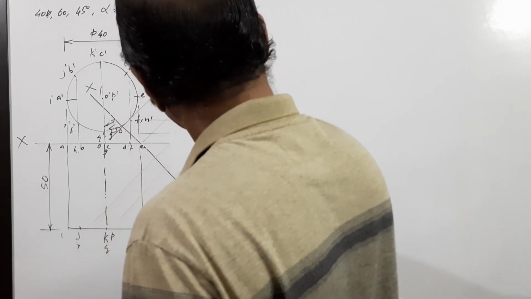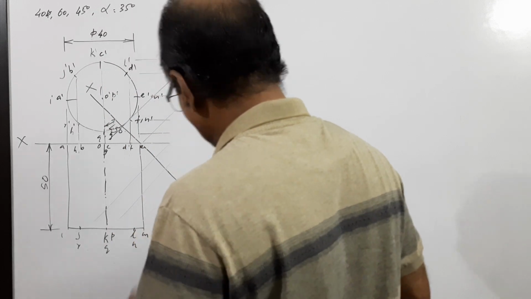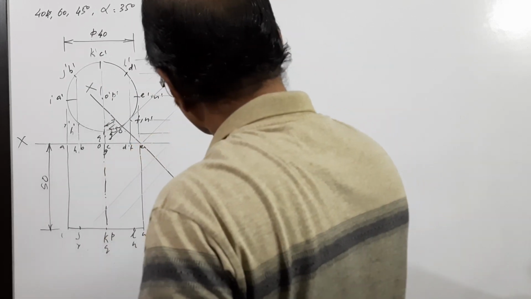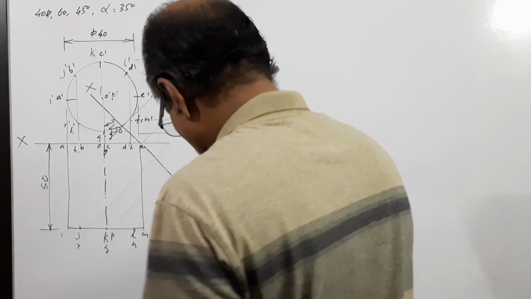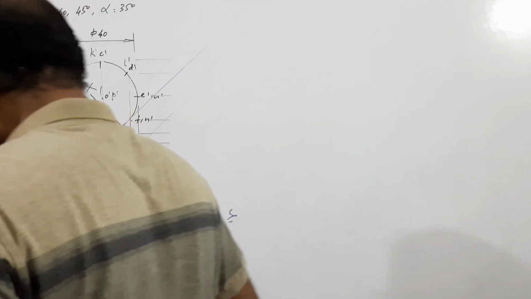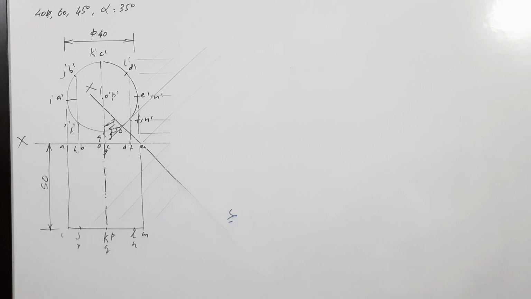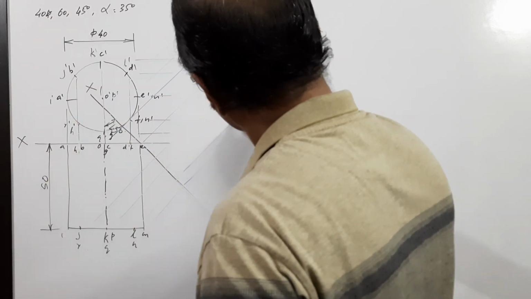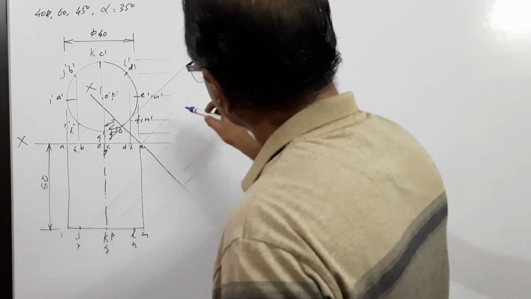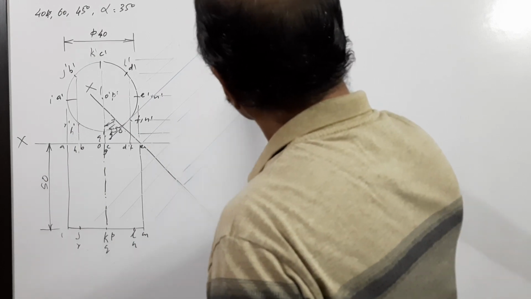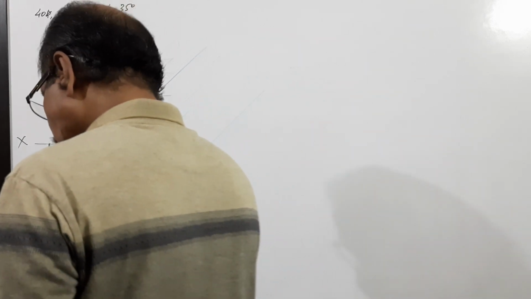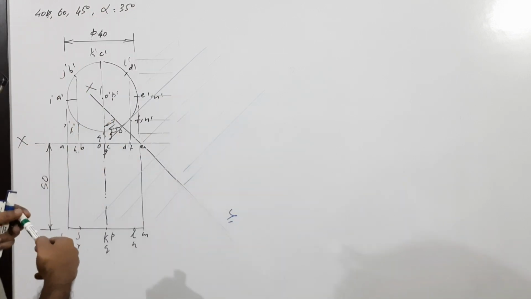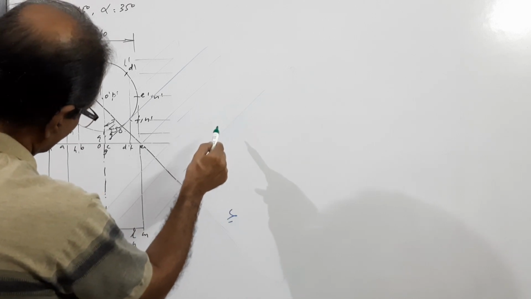Draw projectors. Take the distance to the elevation and mark on the respective projector. You will get an ellipse here.